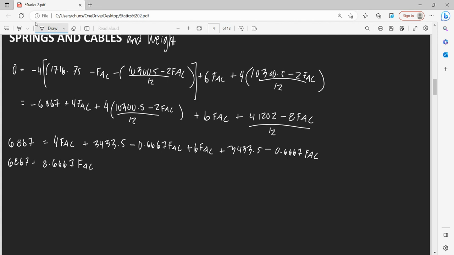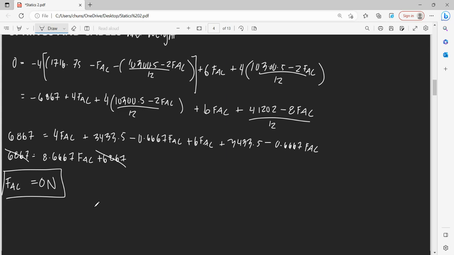Then 3433.5 times 2. Then we have plus 6867. Those are going to cancel out. And then is FAC equal to 0? Okay, phew. Okay, I thought I did something wrong. Yes, okay, FAC is in fact equal to 0 newtons.